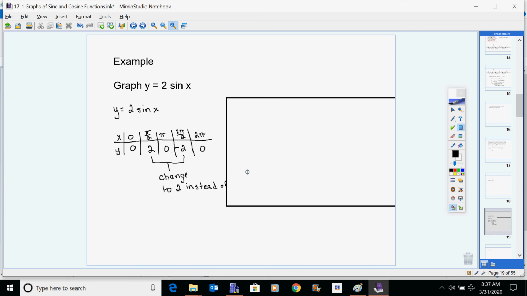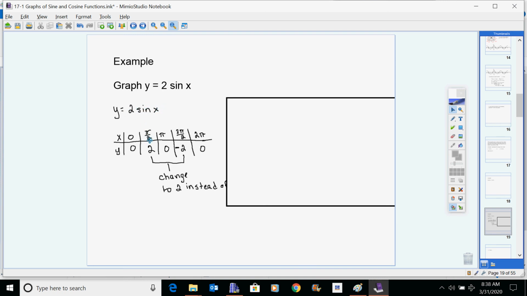Whenever you're graphing a single period for any of these trig functions, I'm going to expect that you have 5 key points: the beginning, the middle, the end, and the 2 that are between the beginning, middle, and end. I'm going to be looking for 5 specific graph points and then a nice curvy curve that bounces between them. We changed them to 2 and -2 because this 2 multiplies the original one.